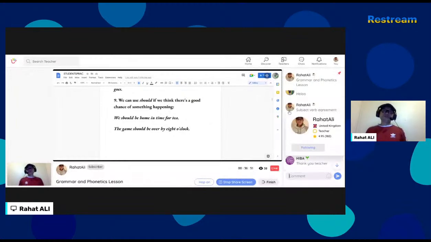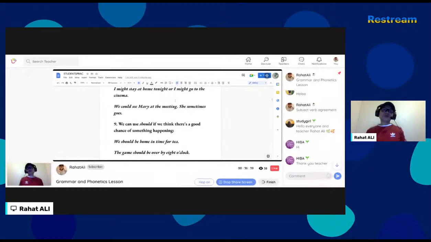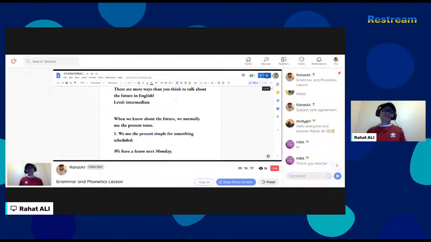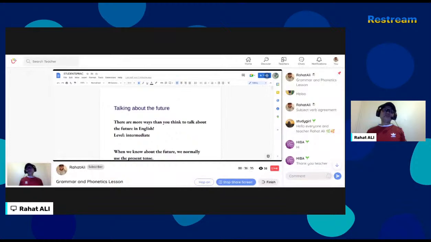So that means that 8 o'clock is still a long way to go, and we haven't reached home yet. Okay, so these are some examples and uses of present tense meaning future.